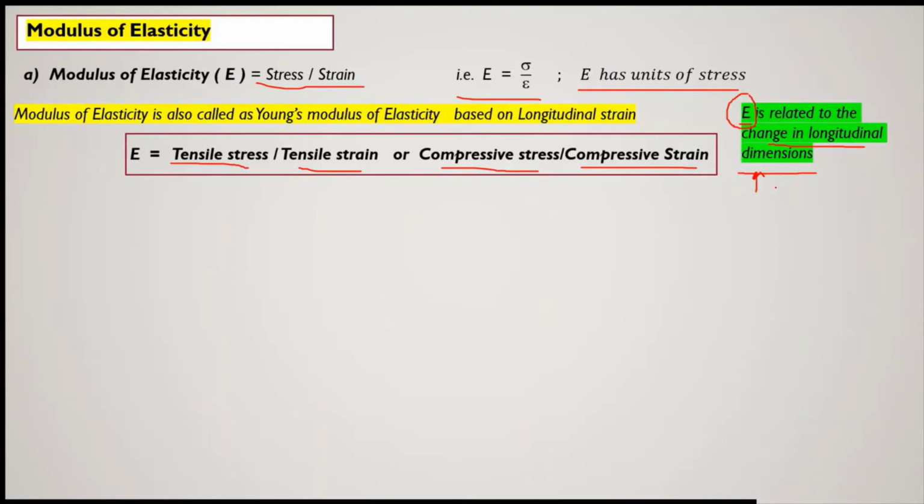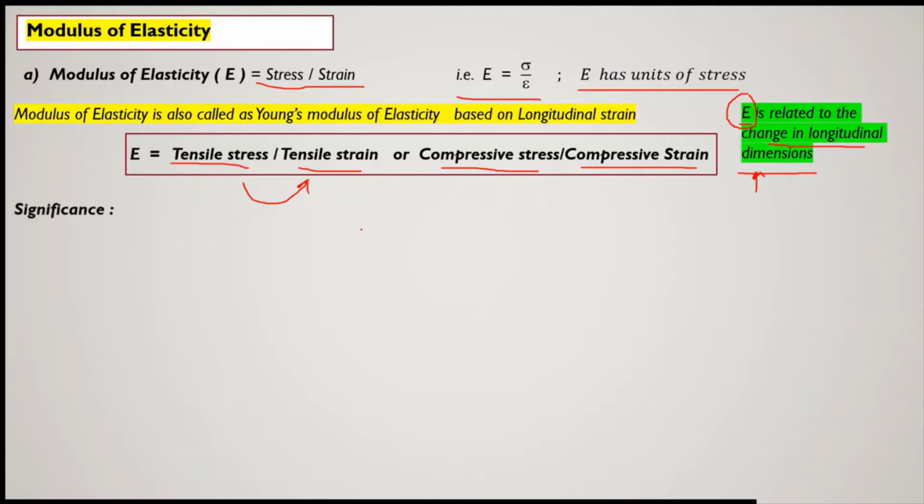That means what the value of modulus of elasticity is, so you can relate the stress developed in the material with strain. So this is interrelated. Then you will be able to understand how much stress you can apply so that the material will remain within the limits of strain.